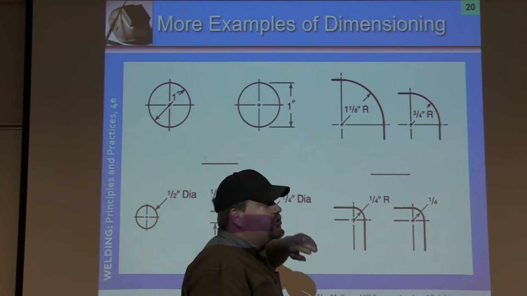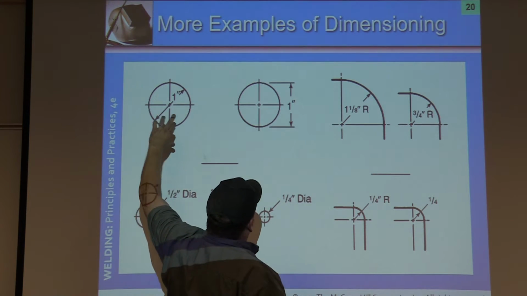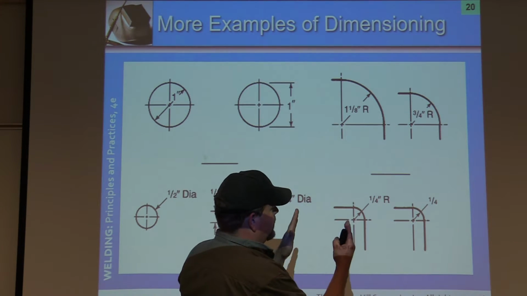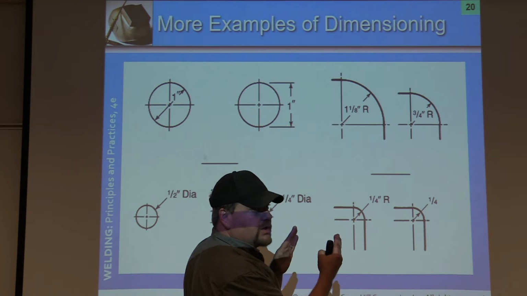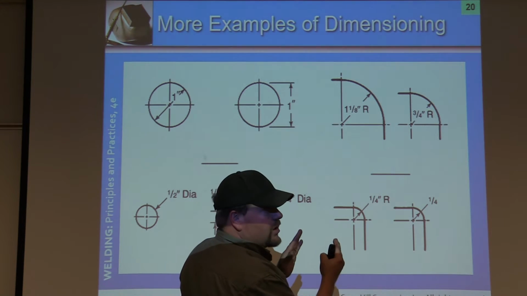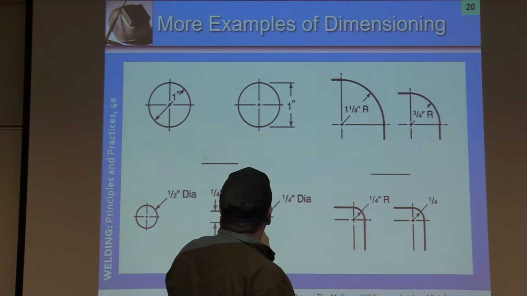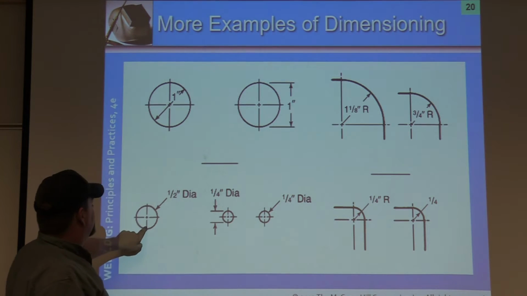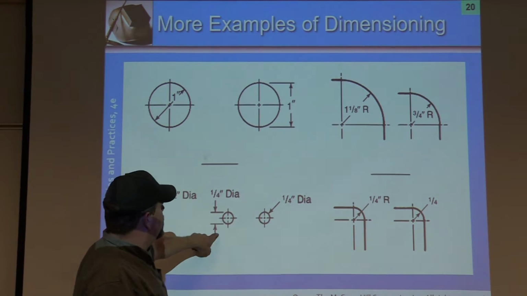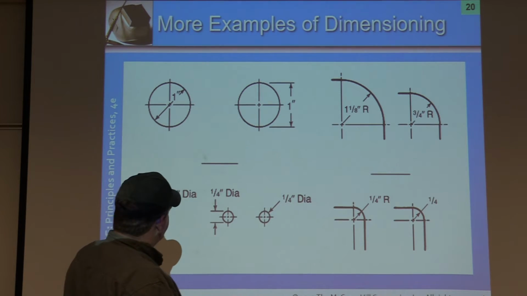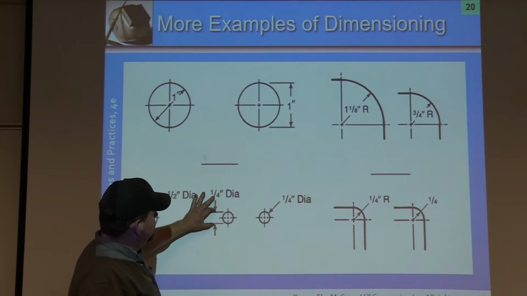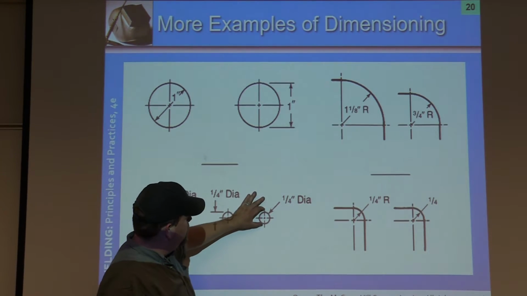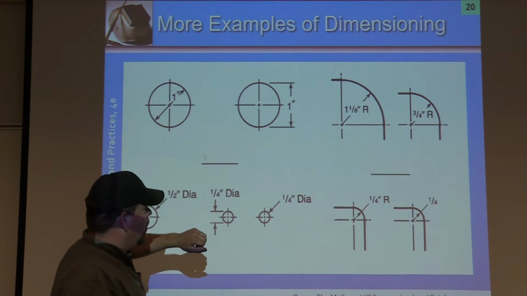A lot of times on a machine print, you may see it come completely outside of the object and be dimensioned there as well. It can be dimensioned as 1/2 inch diameter, 1/4 inch diameter, showing distance this way, or it just might reference it in whole.